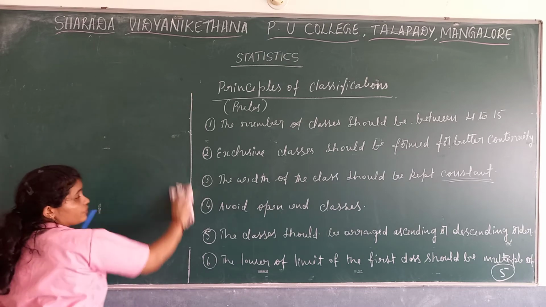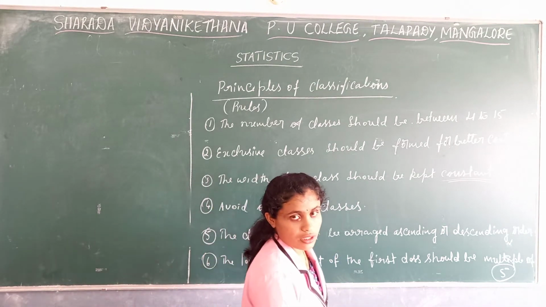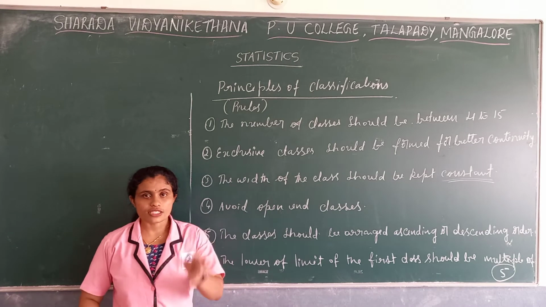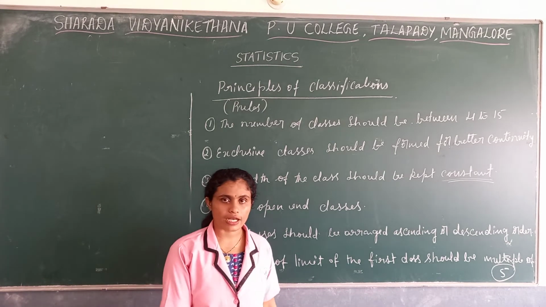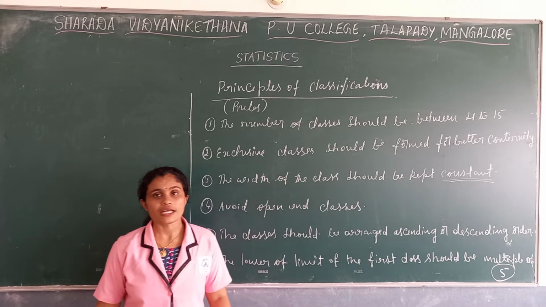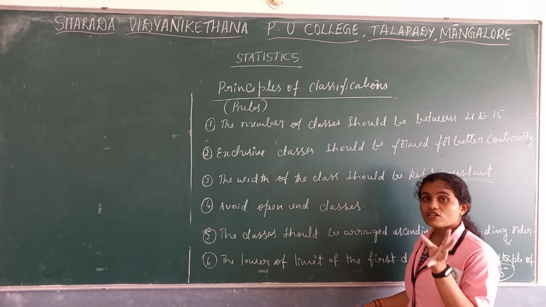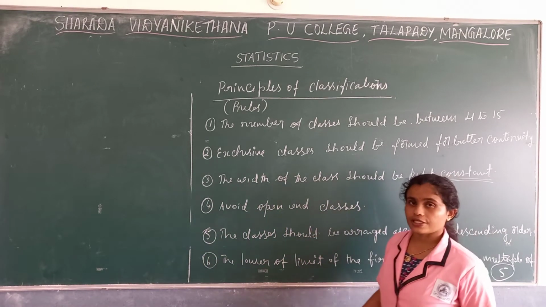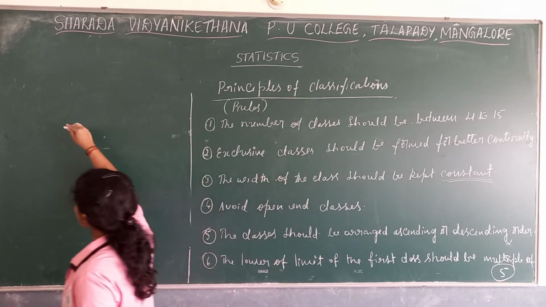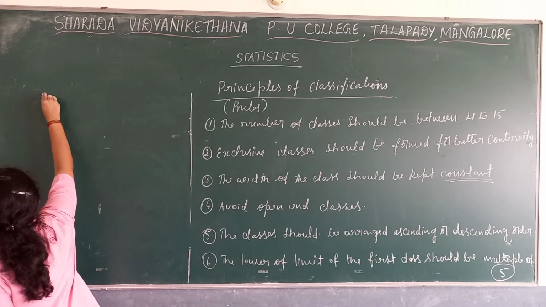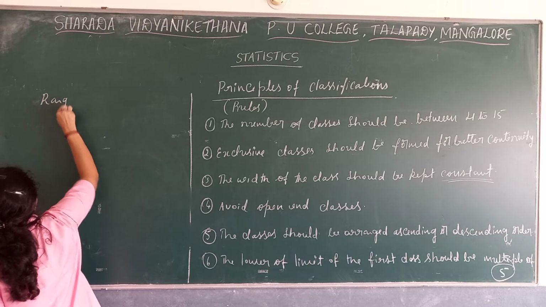Now we have completed some of the concepts before framing the continuous frequency distribution. Now let us revise the concepts you have studied till now. Initially we began with the first concept we studied, that is range.